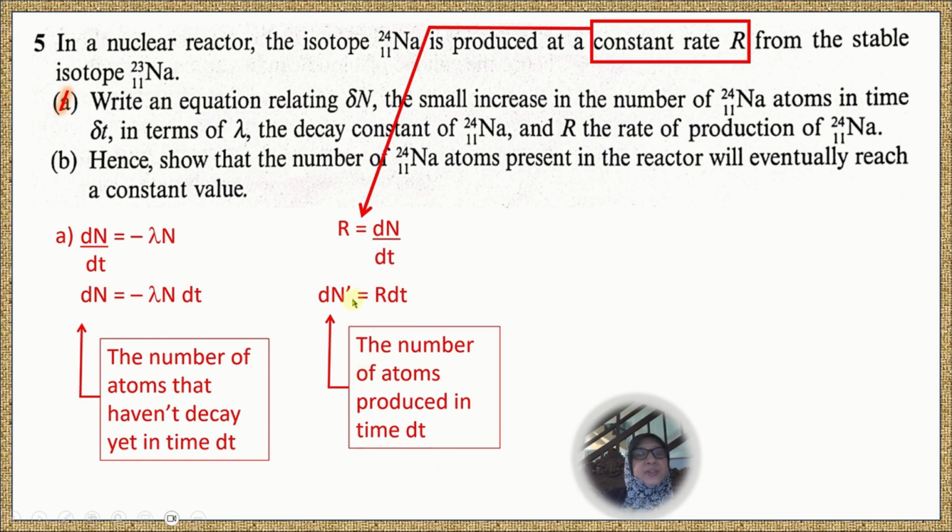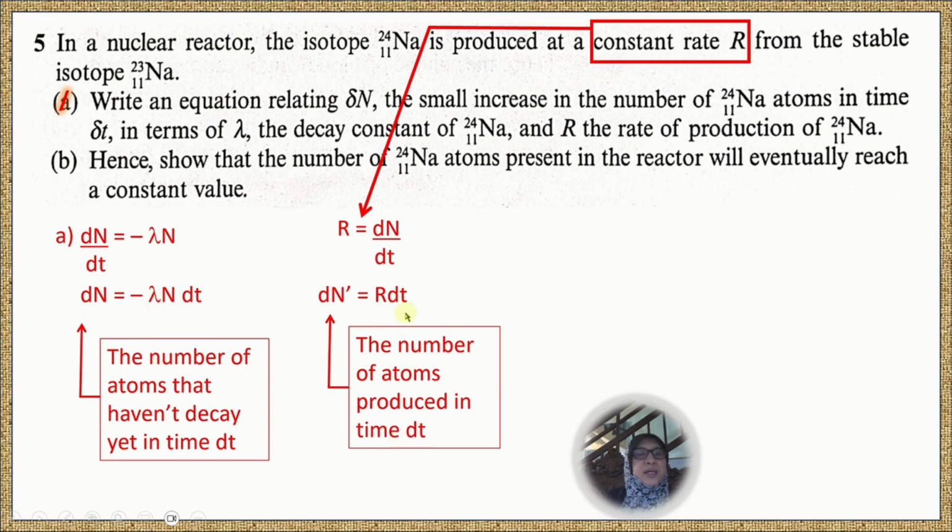So this one is not N. This N and this N are not the same. This is the given production, so R is dN/dt. To see the difference between these two N's, we use N prime to represent the number of atoms produced in time dt.